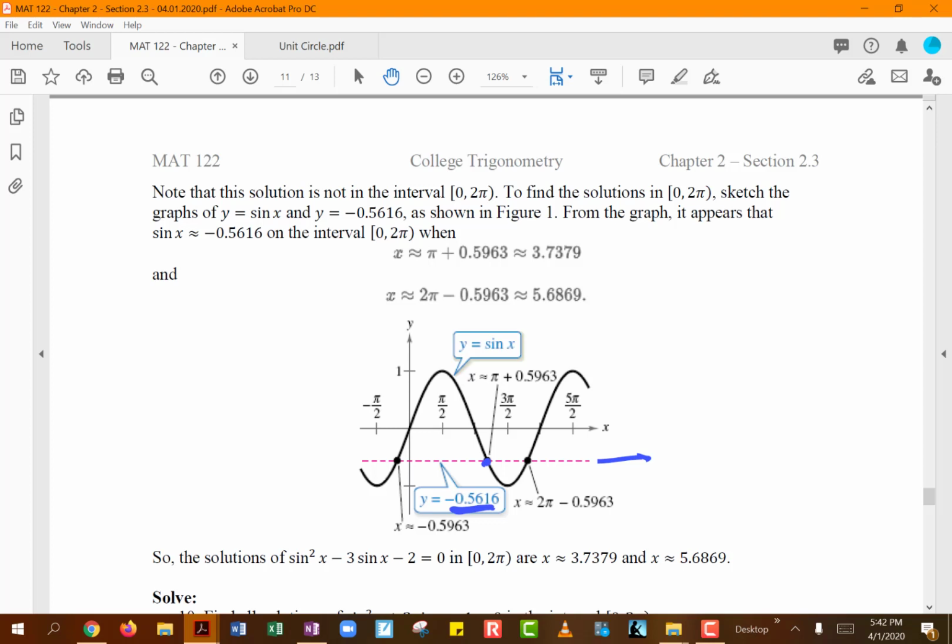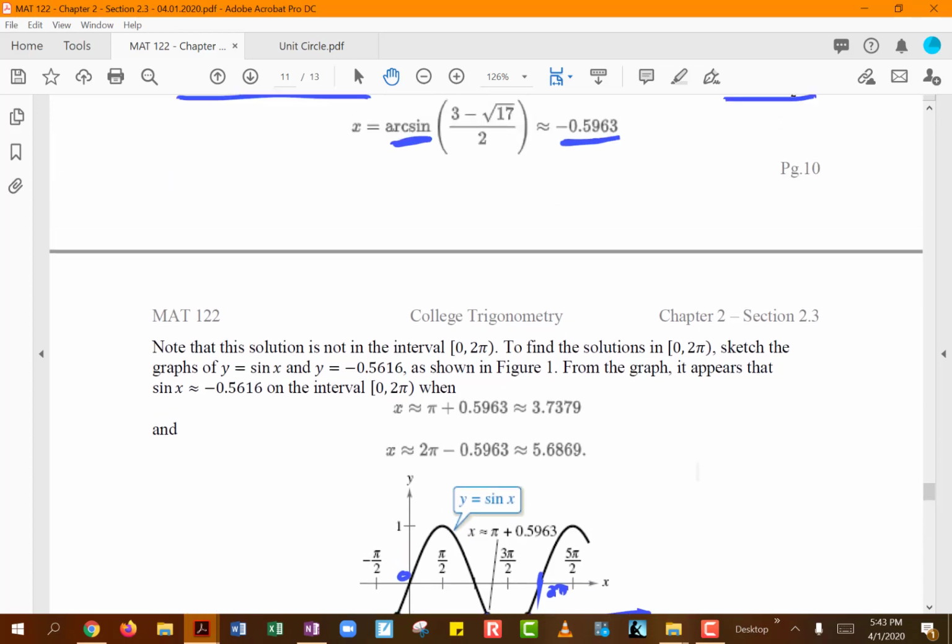So these are the 2 points from the interval 0 to 2 pi that we are interested in. So this is your 0, and this one here is going to be your 2 pi, right here, this mark. Okay, so these are the 2 points that we are interested in finding.